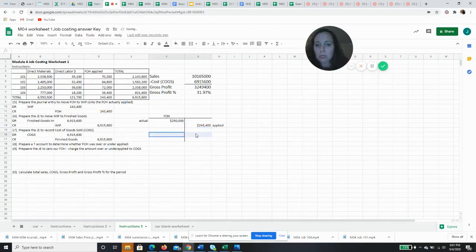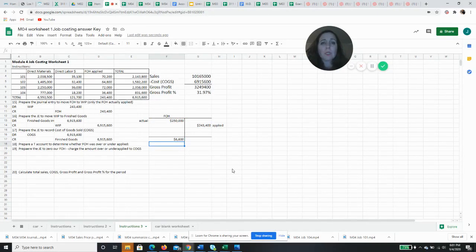When we sum it up, we end up with a debit balance in factory overhead of $6,600. This account we need to zero out at the end of every period.